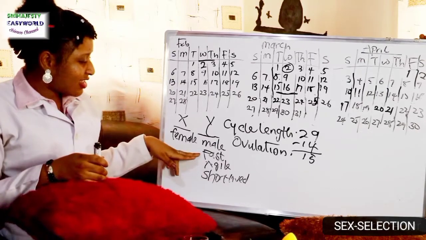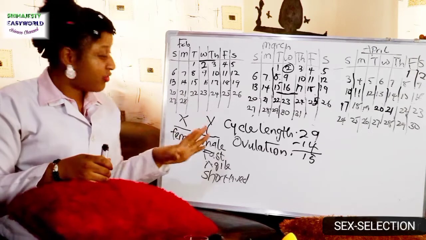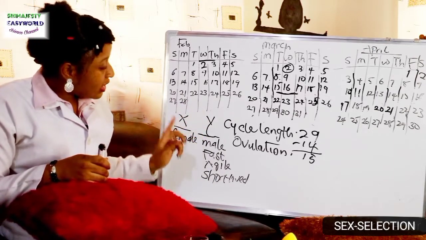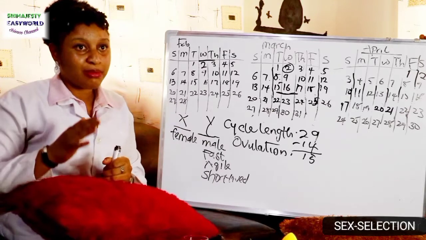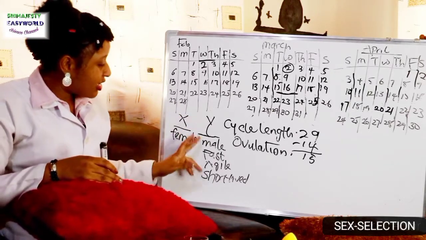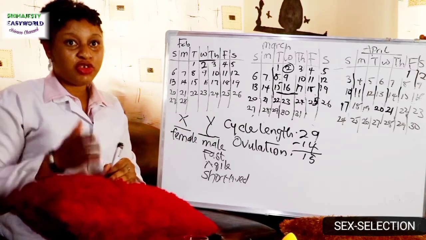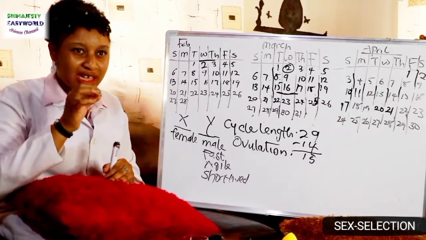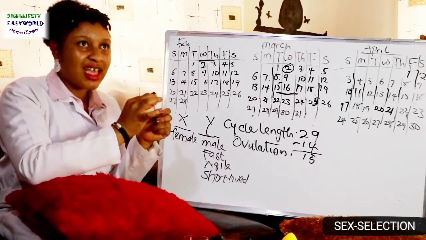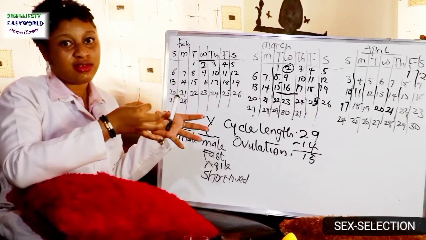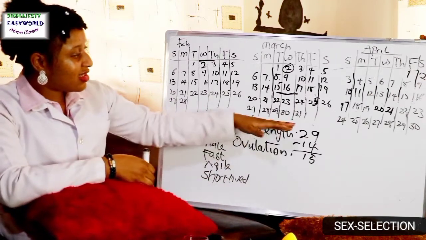Remember I said that the Y sperm are usually faster, and there are other characteristics under the microscope that can help you differentiate between an X-containing sperm and a Y-containing sperm. So if you're using in vitro fertilization, by the time the sperm is looked at, the Y-containing sperm will be picked and then used to fertilize the egg, and that gives a higher probability of getting it accurately compared to the natural method.